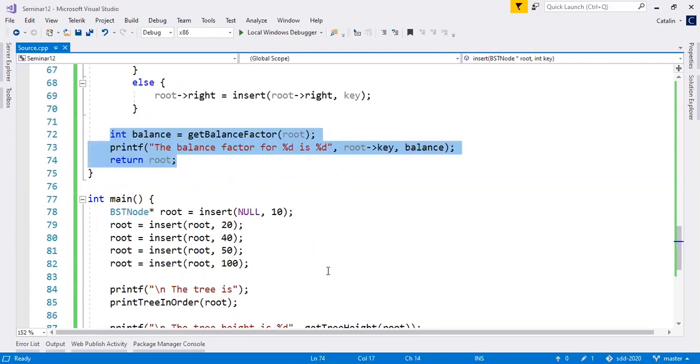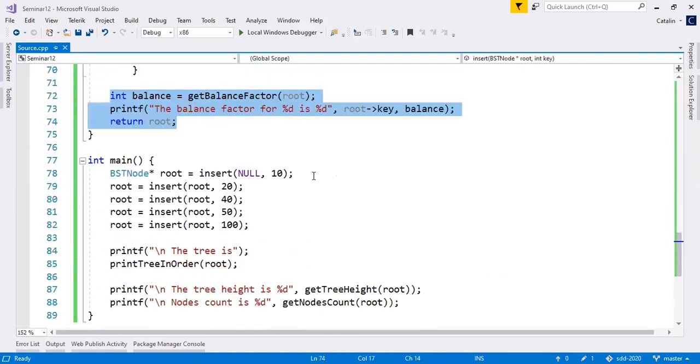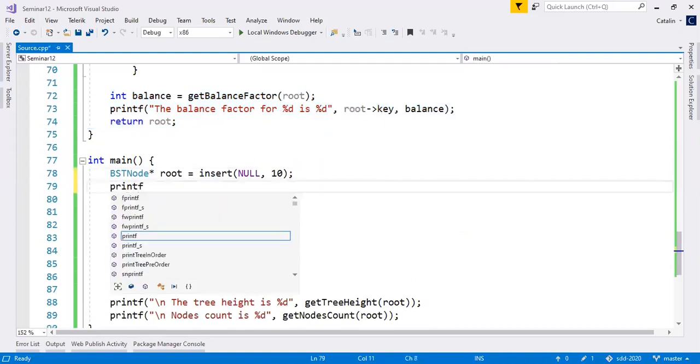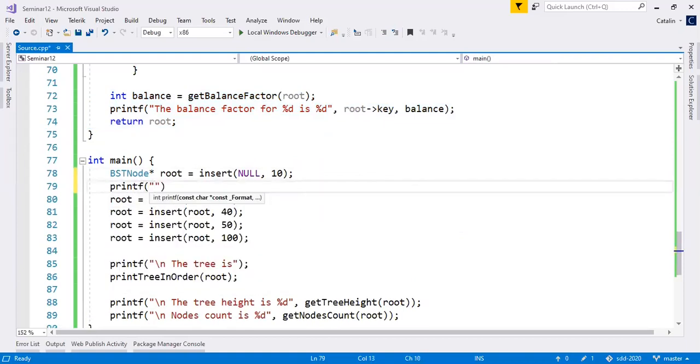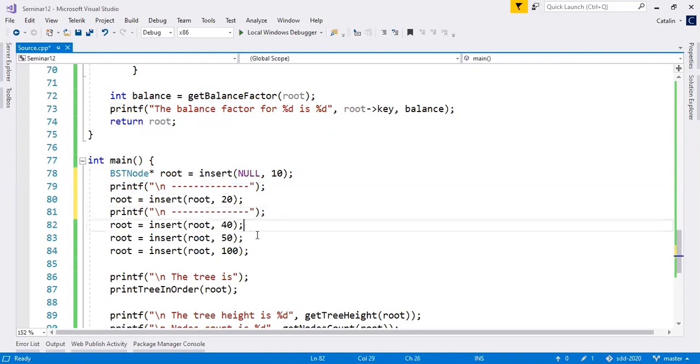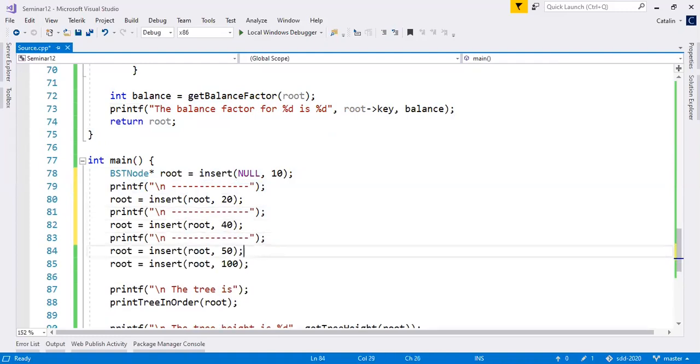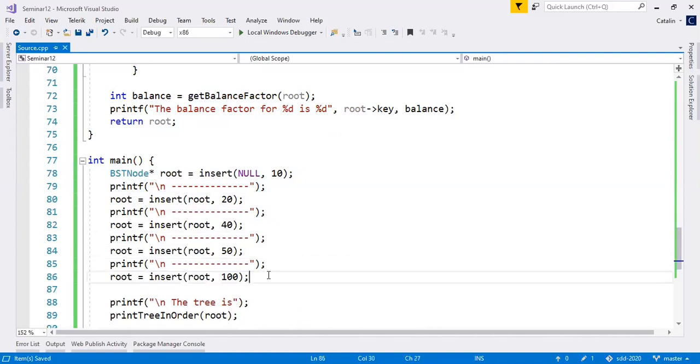So let's see these values, and in order to see them, I will add this printf, because otherwise you'll see a lot of numbers, just to focus on each insert and see what the balance factors were after each insert. Okay, so if I run the example again, Control F5.